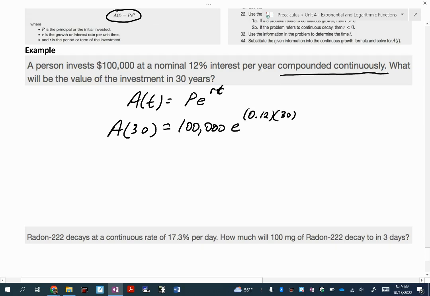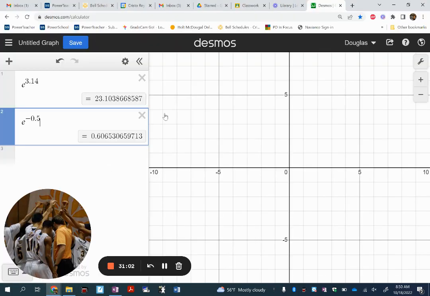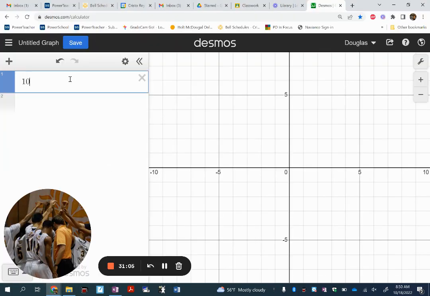So going to our calculator, we can figure out what amount we expect to get at 30 years. So 100,000 times E raised to the 0.12 times 30 years.